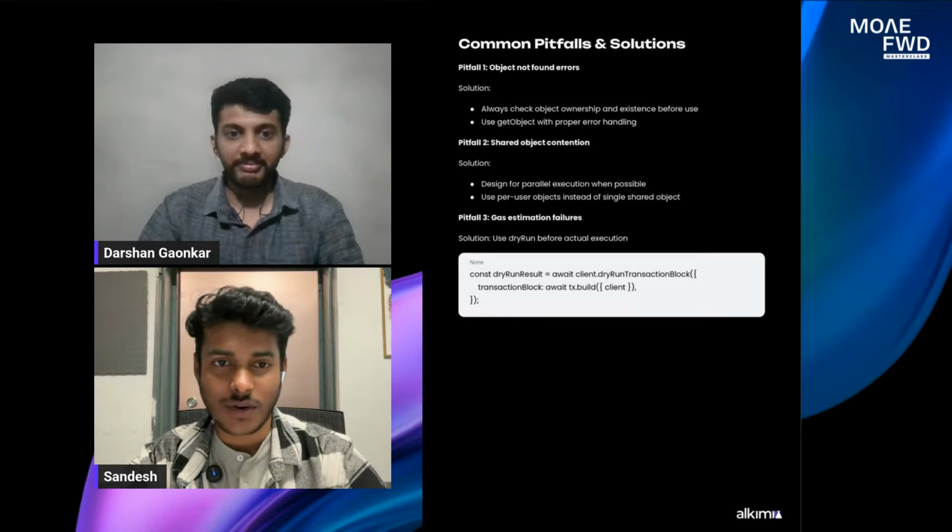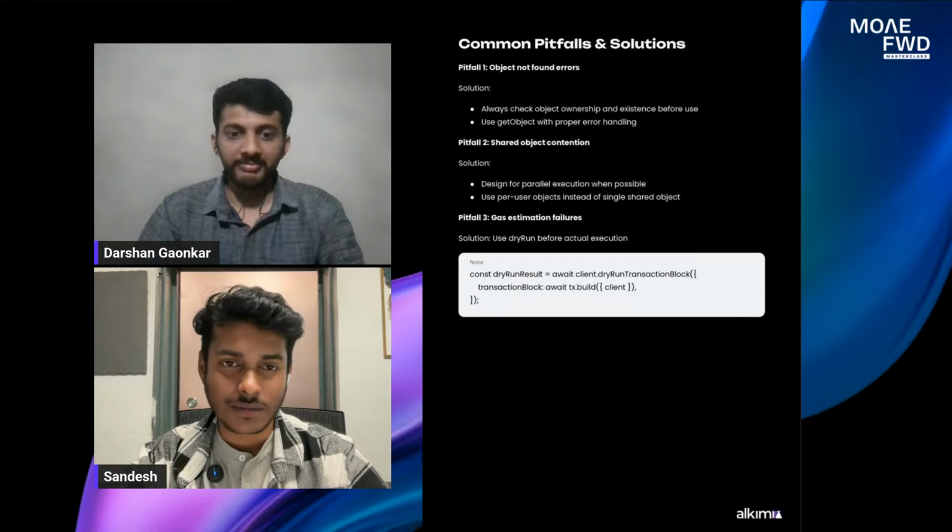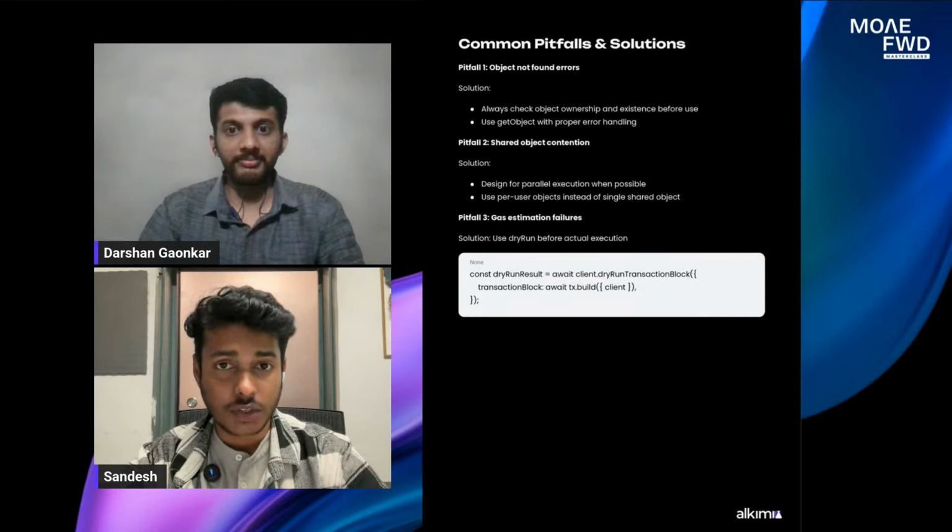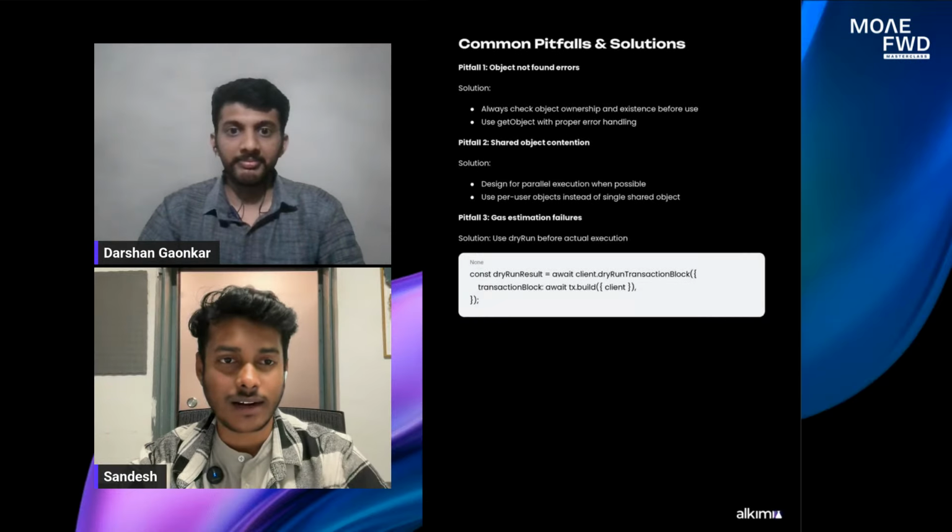It may have been transferred to someone else as well. So what is the solution? Always check object ownership and its existence before use. Use getObject, as Darshan rightly mentioned. We have that in the SDK as well, so use it for proper error handling. That is very much important.